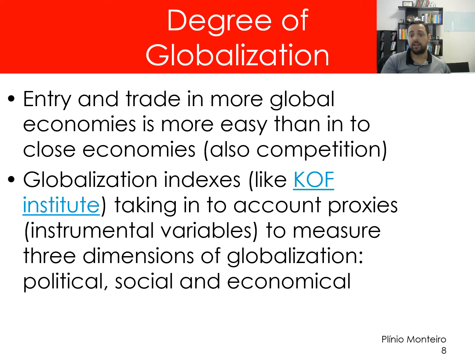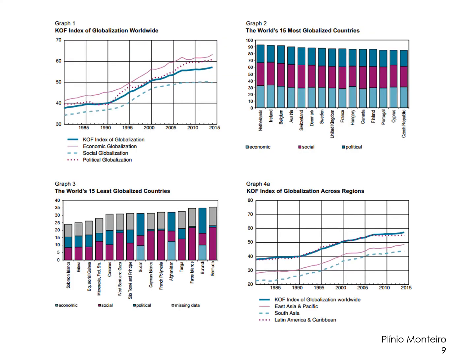In this index, we will have some variables to measure 3 dimensions of globalization: political, social, and economical globalization. Here are some data that you can pick up in the site of the KOF organization, and then you can see the degree of globalization in a lot of countries in the world in the 3 dimensions.